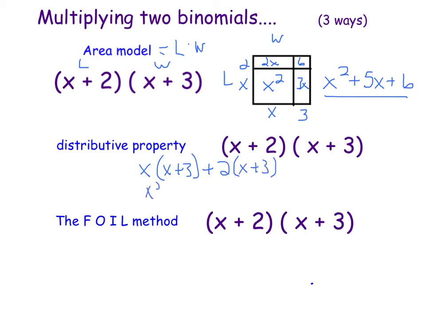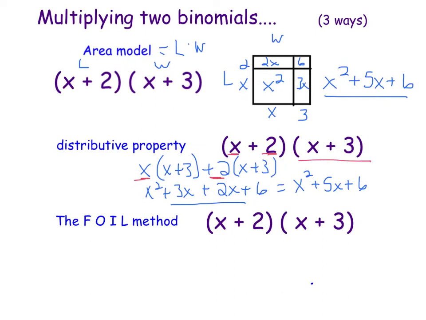So we have x squared plus 3x here, and 2x plus 6 here, and we have our middle terms that we can combine, so our final answer is x squared plus 5x plus 6. So all we did was we split this one up into two separate pieces, here and here, and multiplied the second binomial by both of them.